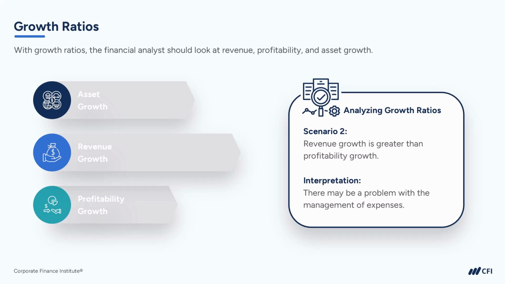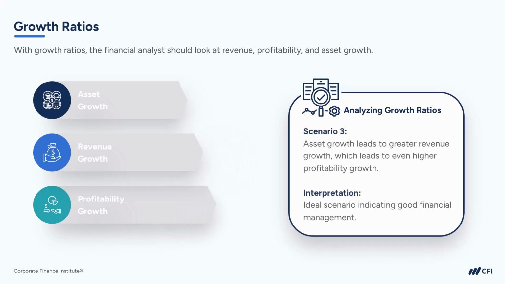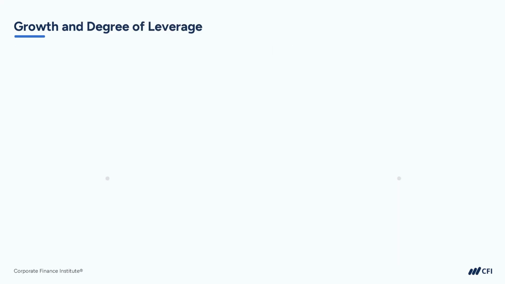The ideal scenario is where we have asset growth leading to greater revenue growth that then leads to even higher profitability growth. So it's really important not just to look at ratios on their own, but to also compare ratios like revenue growth, profitability growth, and asset growth. Now let's explore growth with the degree of leverage.